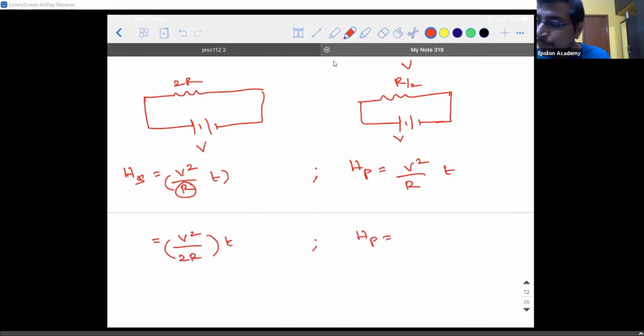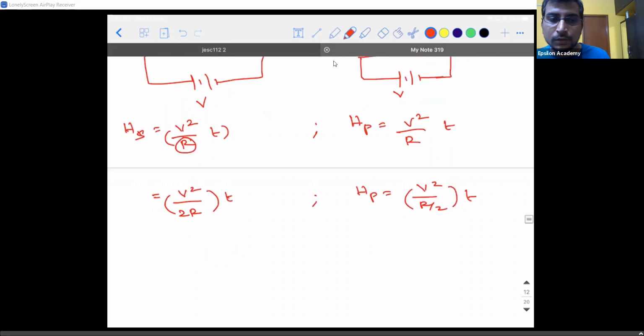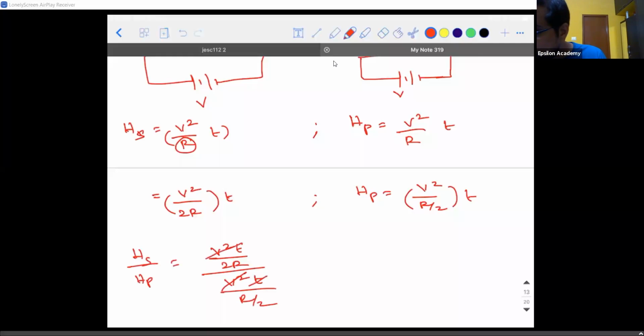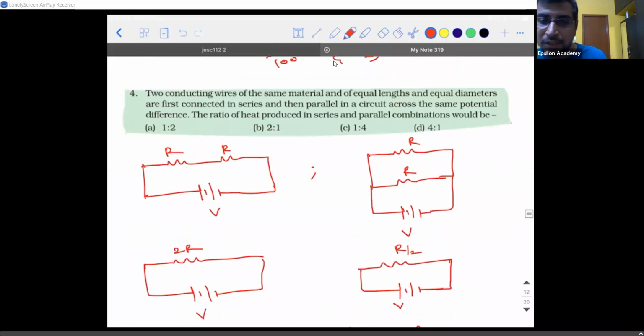In the place of parallel, V square divided by R by 2 into time. So they're asking heat in series by heat in parallel, that is V square T divided by 2R divided by V square T divided by R by 2. So V square T will get cancelled, R will get cancelled, 2 will go to the numerator, 1 is to 4 is the answer. You have an option like that.